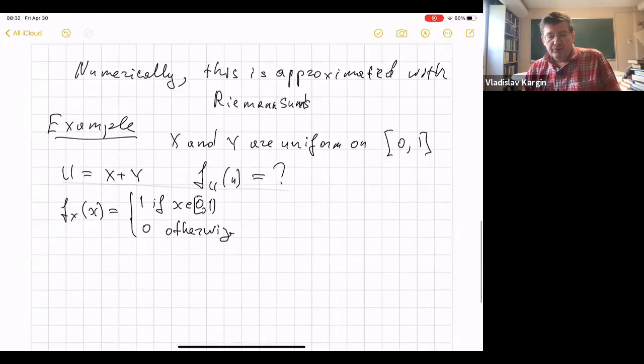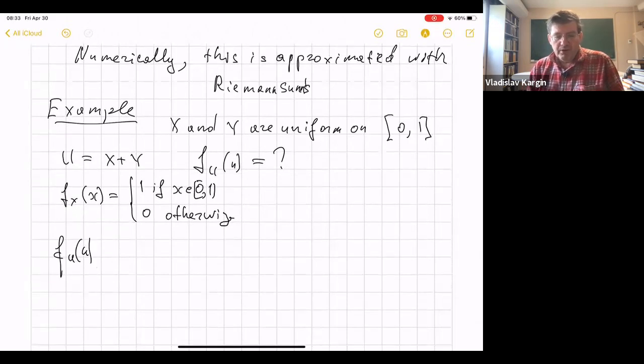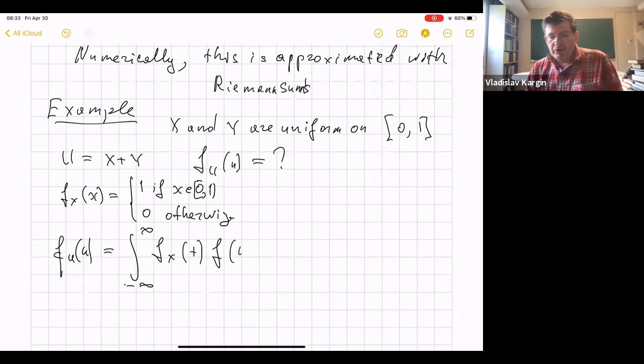Now we want to calculate this f of u using the integral from minus infinity to infinity of f of x of t, f of y of u minus t dt.